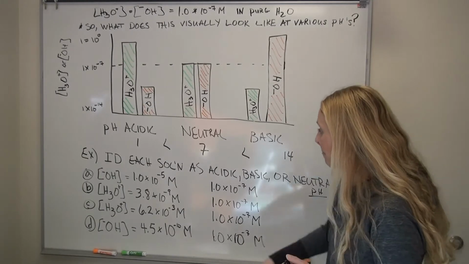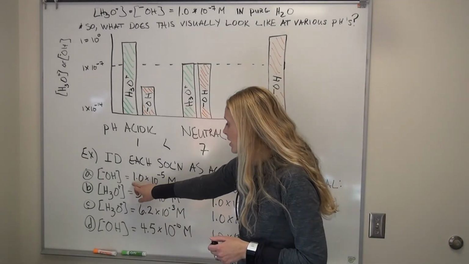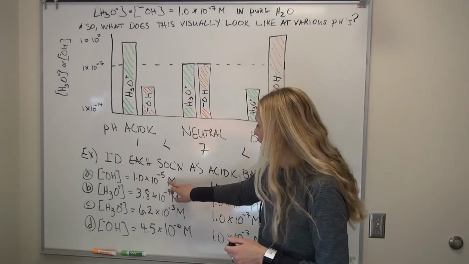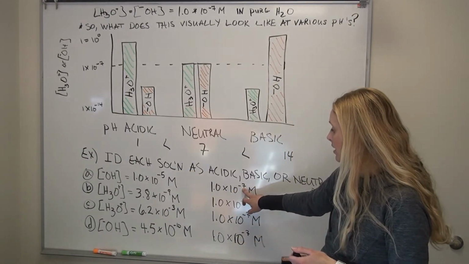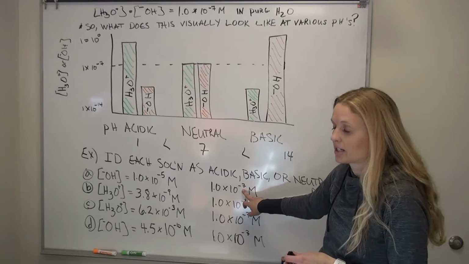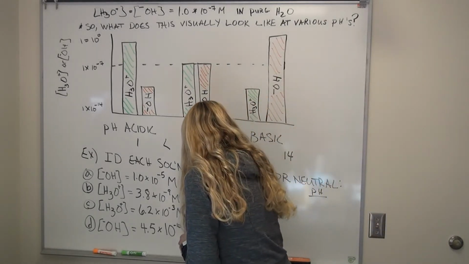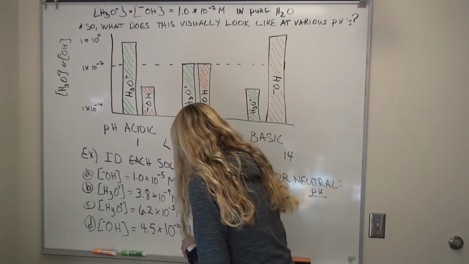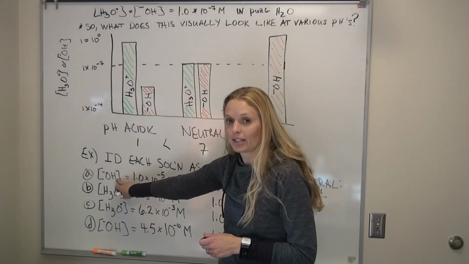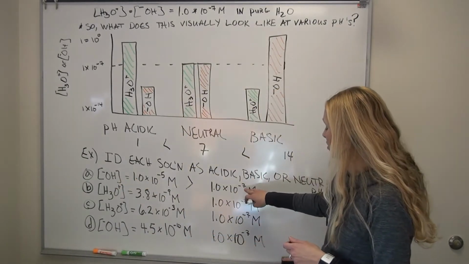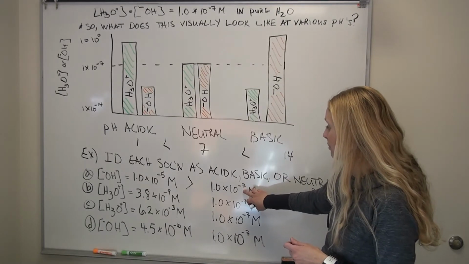That means it'll be easier to dictate what condition is present in the solution. All right, so in A here we have hydroxide ion is 1 times 10 to the minus 5th. That number is larger than neutral conditions at 1 times 10 to the minus 7th. So this is greater than, so I have a larger amount of hydroxide ion compared to this number.